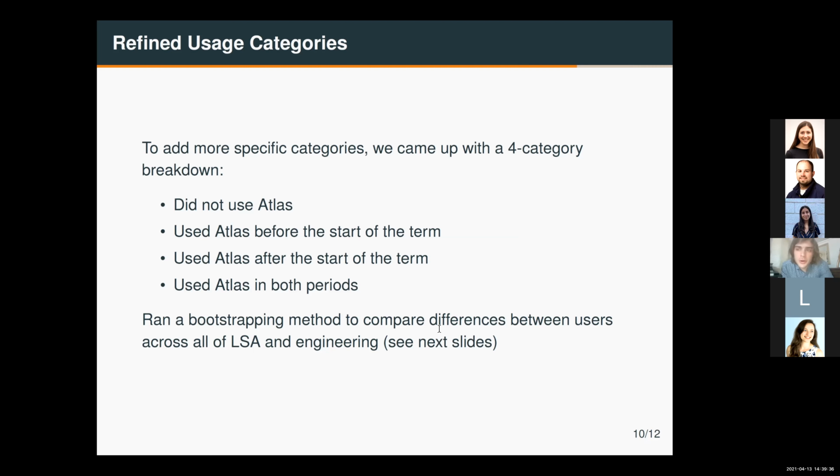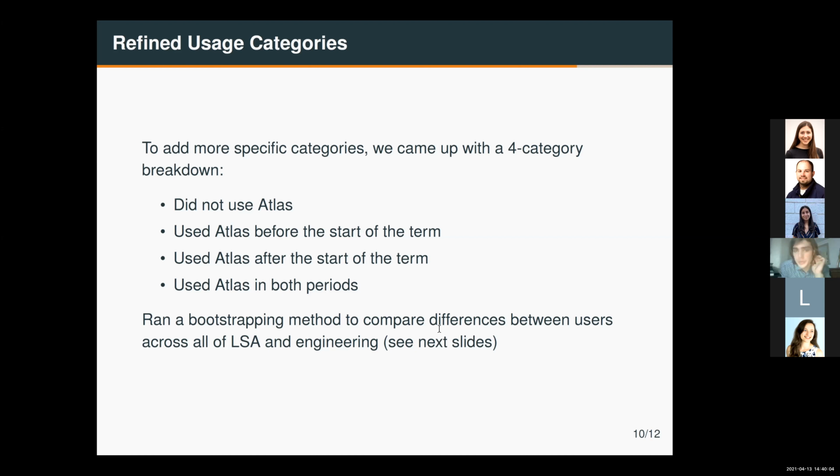Then we architected a bootstrapping method to compare differences between users across all of LSA and engineering. I can explain in detail if there's any interest later, but I won't go into detail exactly on how we did that. Basically it allows us to estimate the mean and the uncertainty on the mean of whether people got A, B, or C grades across all the courses in LSA.